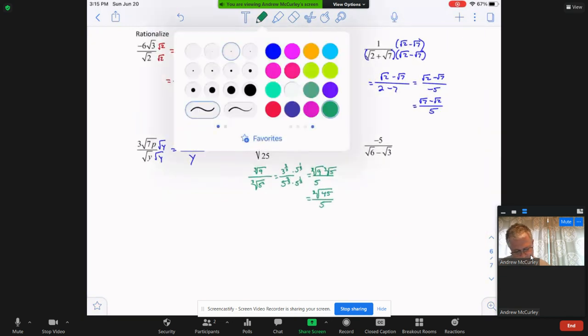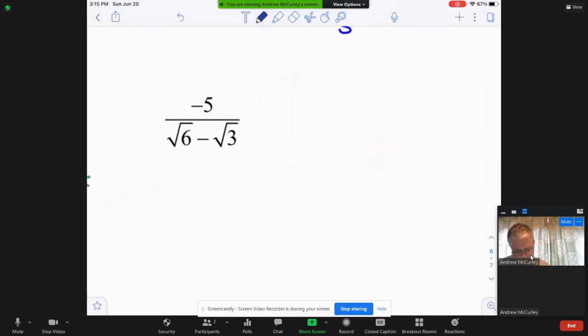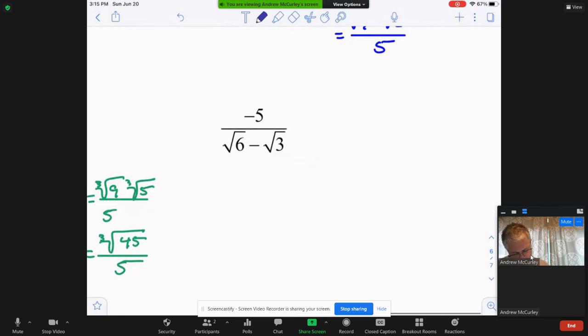All right. You know what? Here's one more, one more where we can use our conjugates.